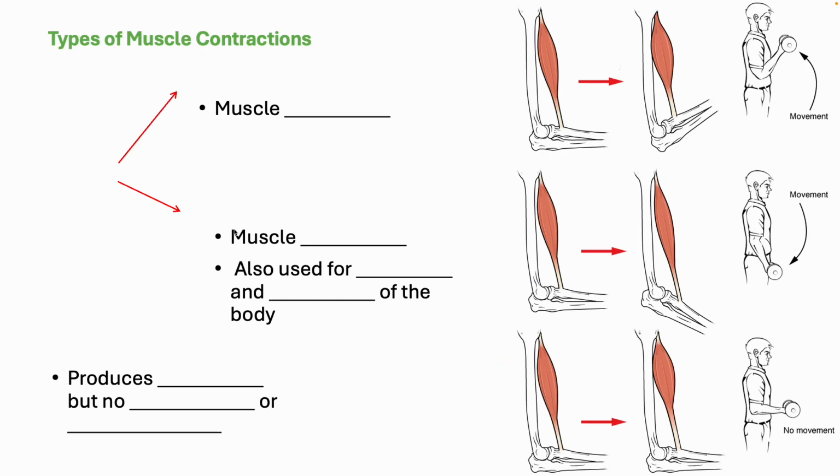So we've looked at what causes muscle contractions. Now I'm going to talk a little bit about types of muscle contractions. So there's two main types of muscle contractions. One of these is your isotonic contractions.